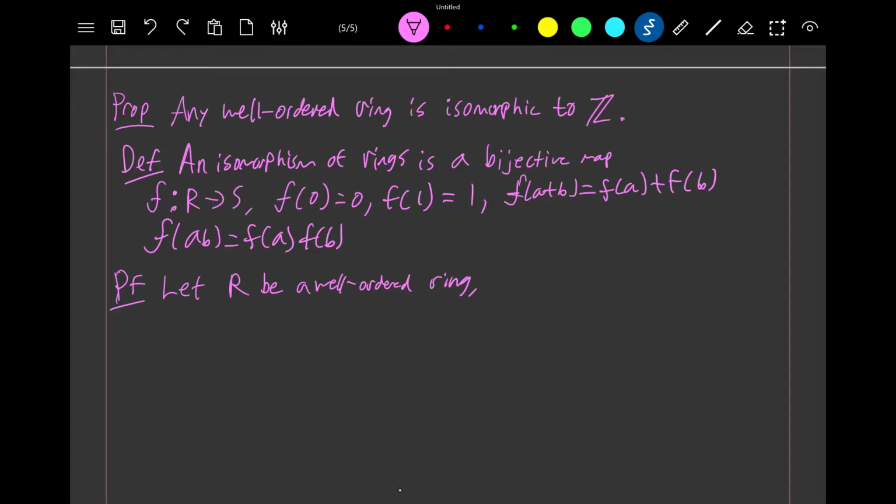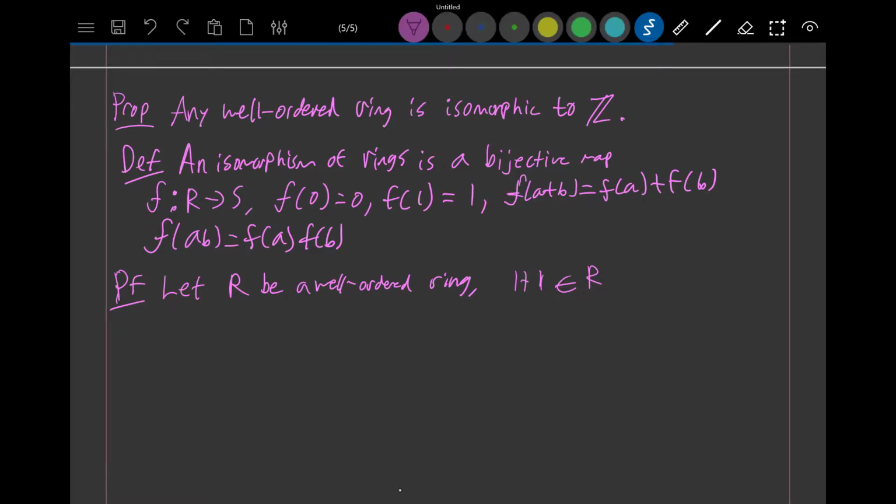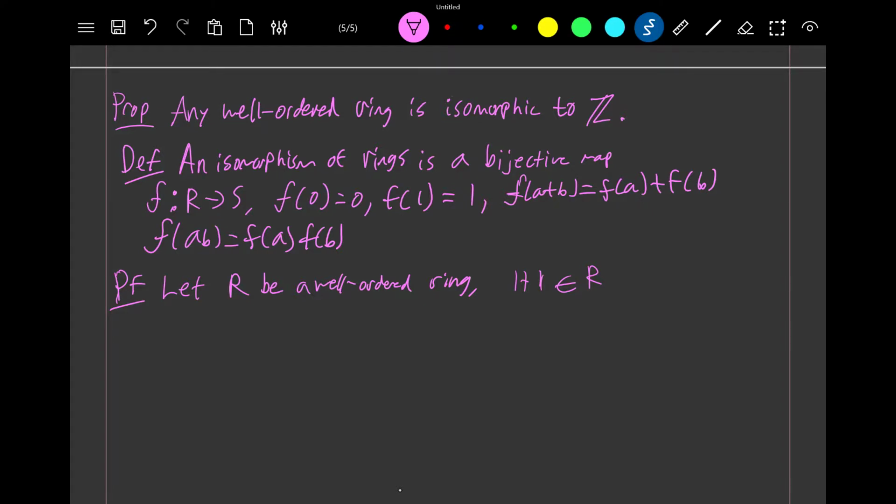So what about if we look at 1 plus 1, right? And this is going to be in the ring R. Then I claim there is no integer between 1 and 2. Because if there were, we could just shift things down to get an integer between 0 and 1.